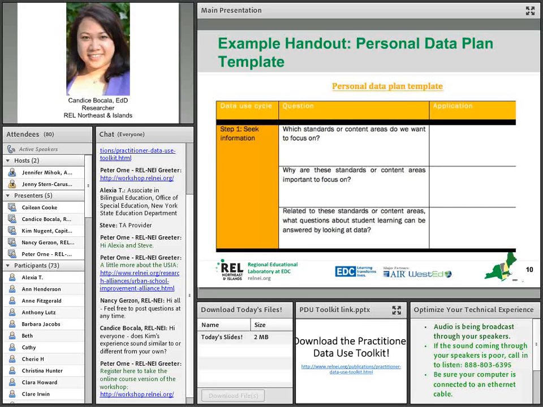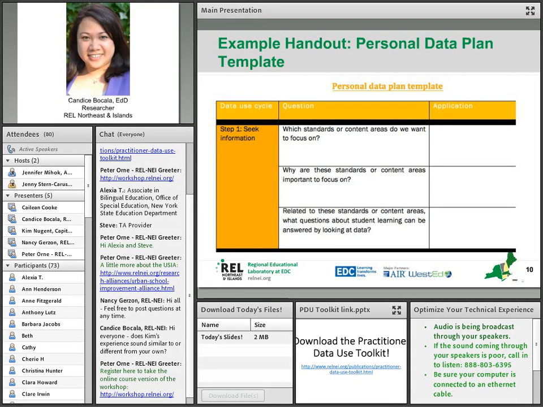One of the comments or questions in the registration list that we received from a participant ahead of time was, when you have so much data to look at, how do you know where to focus? How do you know what to select? Because teachers can get easily overwhelmed. And this toolkit advocates for starting with a question-driven approach.